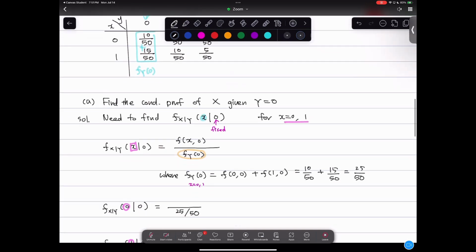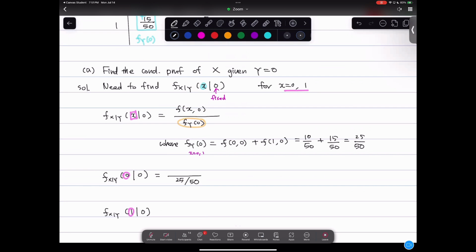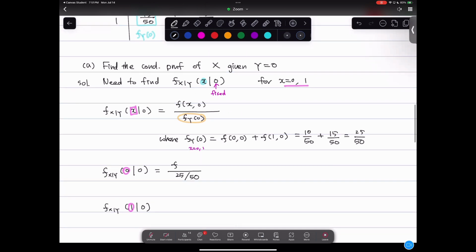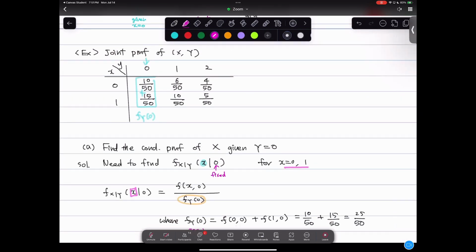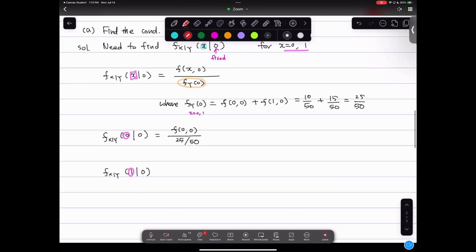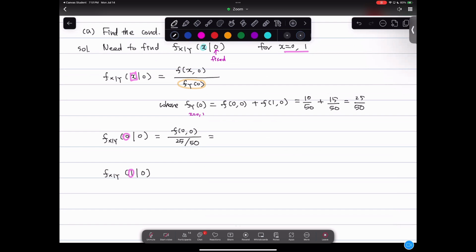The numerator is simply saying I want 0, comma 0 in that particular table. Isn't that just this? 0, 0, so 10 over 50 out of the total column. So 10 over 50 out of 25 over 50 gets me 10 over 25, which is 2/5. Pretty much it.